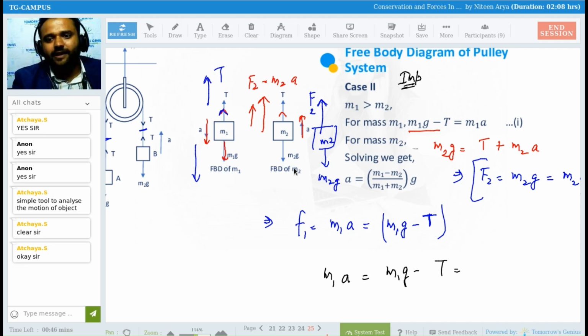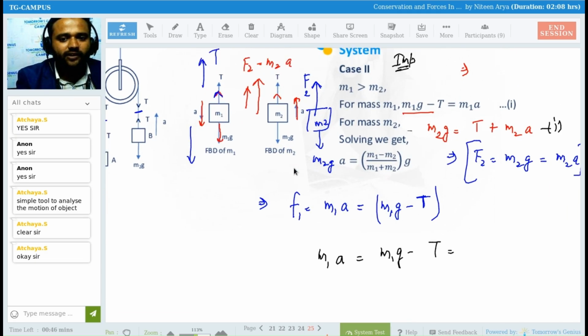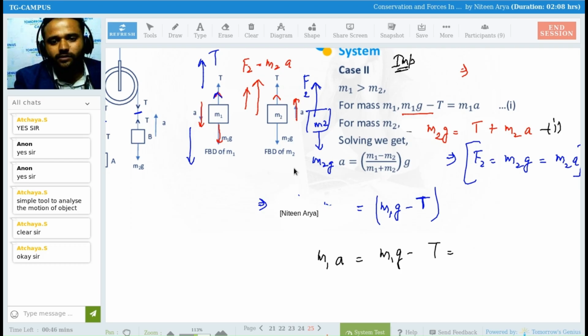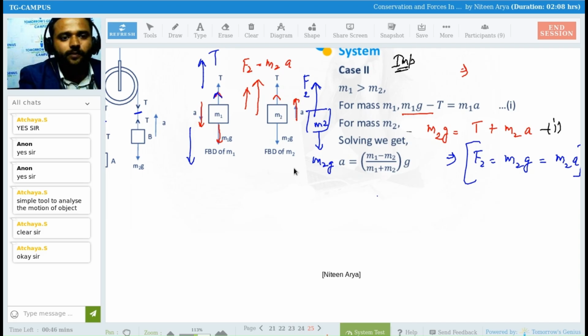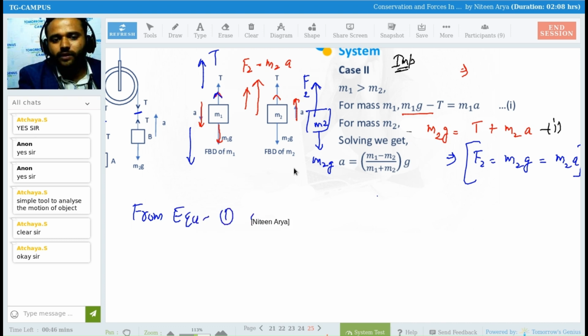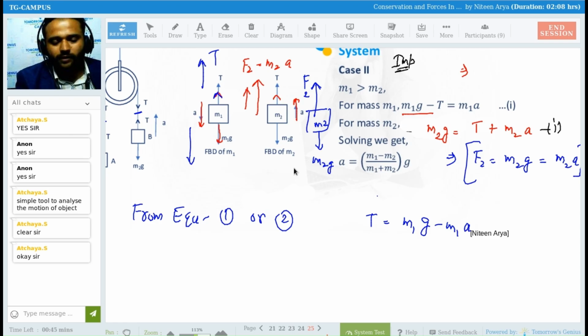Now, this is my second equation. From both equations, I can take the tension force on one side to find the acceleration. So from equation 1 or 2, the tension force is m1g minus m1a, and from here the tension force is m2g minus m2a.